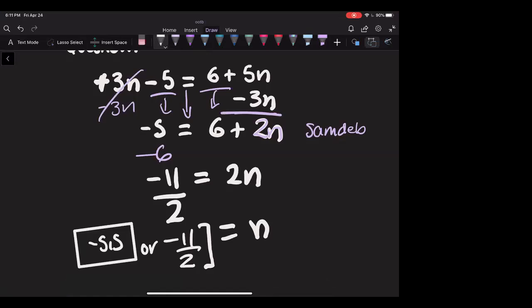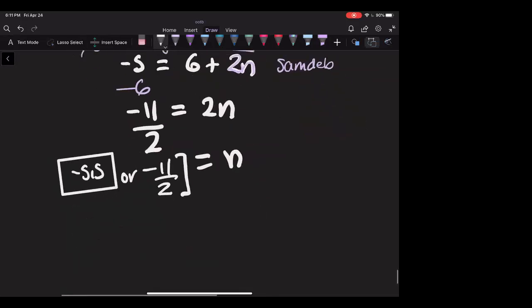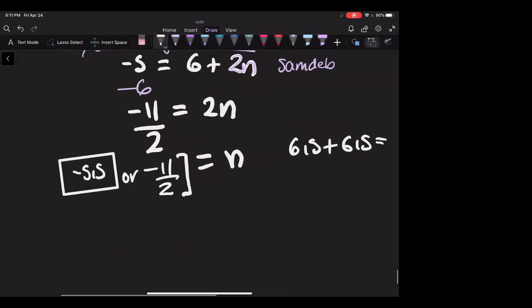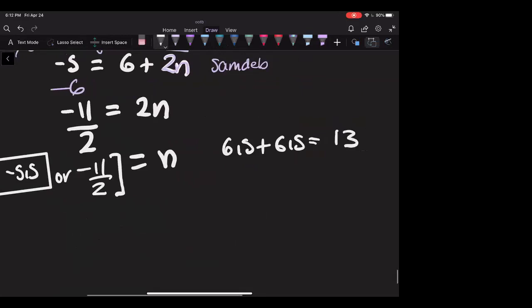But if you want to convert from fraction form to decimal, do you just divide both of those? 11 divided by 2? Yes. But isn't it 6.5 then? But 6.5 would be, so let's think about it. 6.5 plus 6.5, what does that give you? It gives you 13, right?